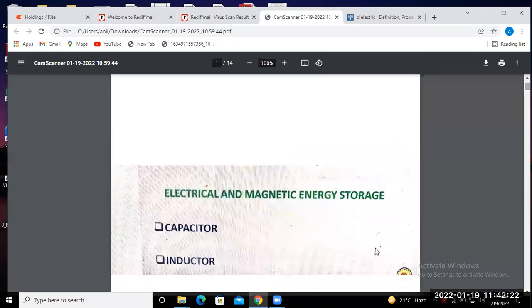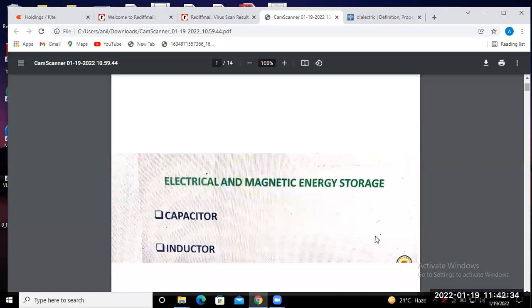Okay, so today we are going to discuss the electrical and magnetic energy storage device. Under this content, we are going to discuss the capacitor and inductor, as electrical energy stored in the capacitor and magnetic energy stored in the inductor.